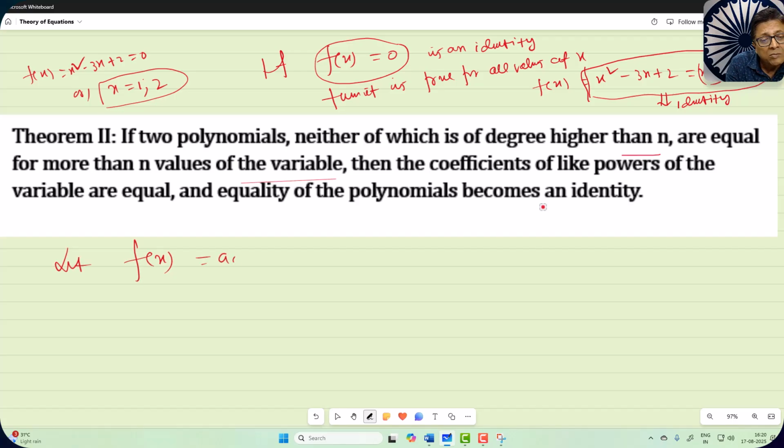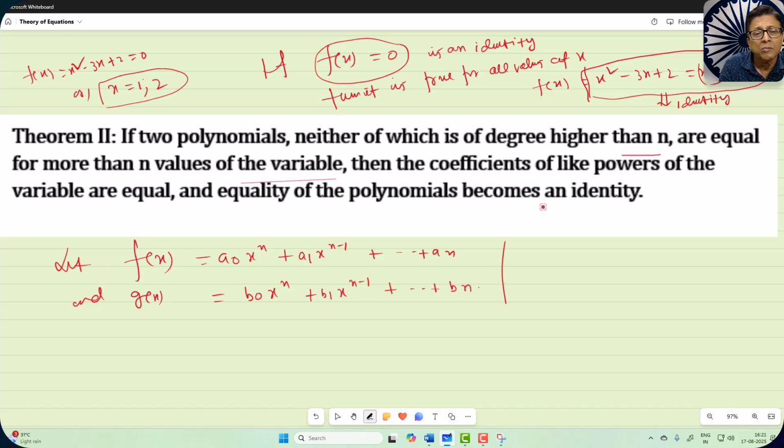Let f(x) = a0 x^n + a1 x^(n−1) + ... + an and g(x) = b0 x^n + b1 x^(n−1) + ... + bn. The ai's and bi's are real or complex. Doesn't matter. They are real or complex.